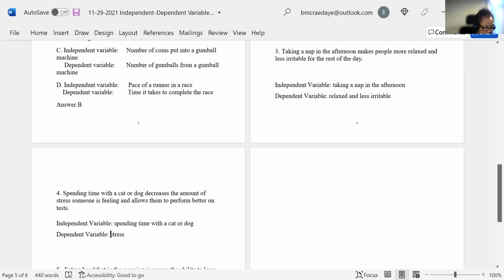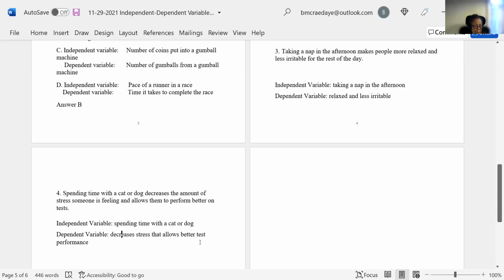So we say decreases stress, that allows you to perform better on tests.